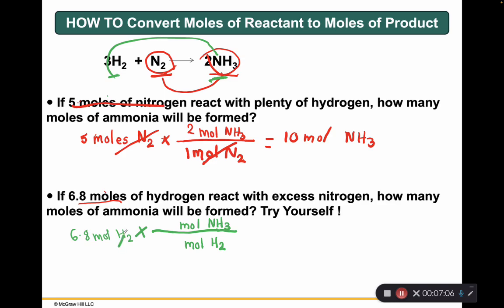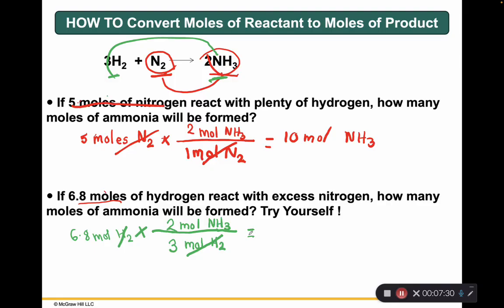Here, hydrogen is given, so you need to place the moles of hydrogen on the bottom. What is the relation? 3 moles of hydrogen is equivalent to 2 moles of ammonia. This 2:3 ratio we got from the above equation, right? So now moles of hydrogen and moles of hydrogen, I cancel that out.